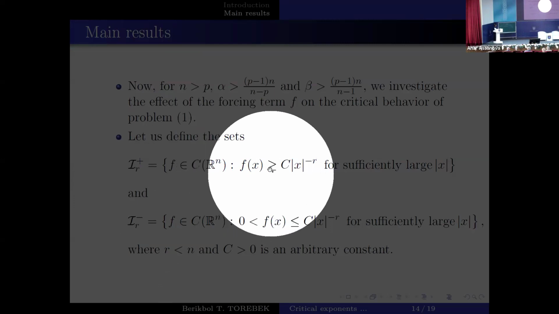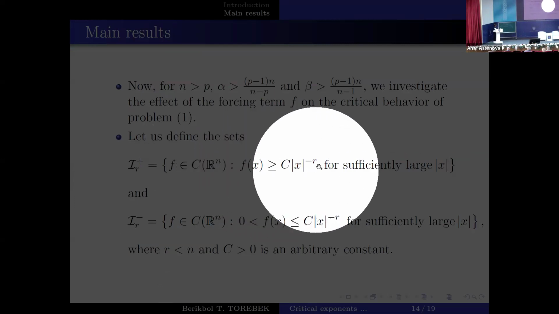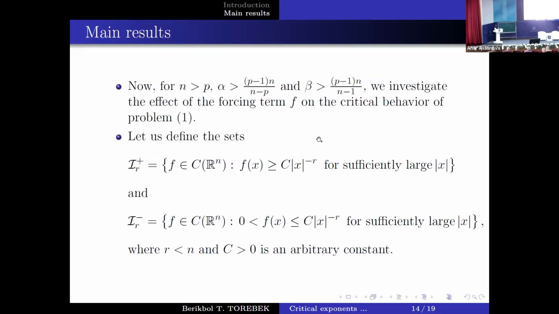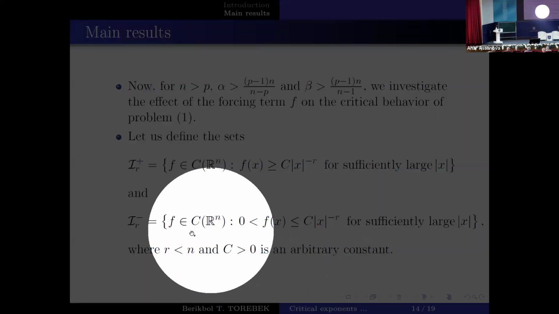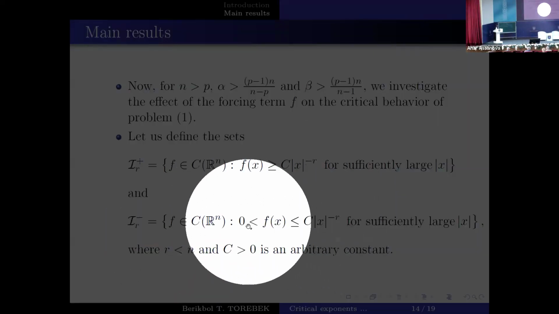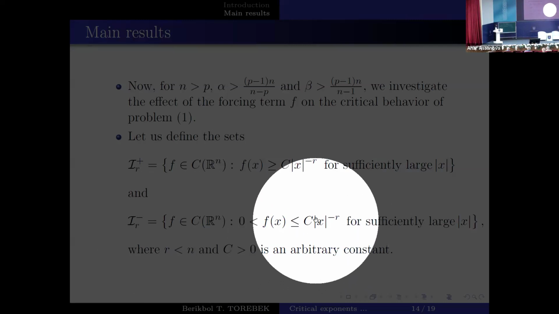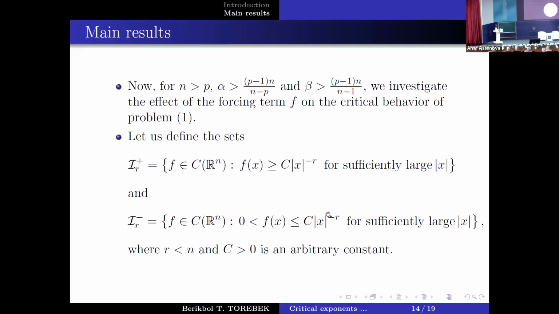Here we suppose that f, this forcing term, is bounded from below by this kind of polynomial for sufficiently large x. And in the second case, we suppose that f is bounded from above by the same polynomial for sufficiently large x.